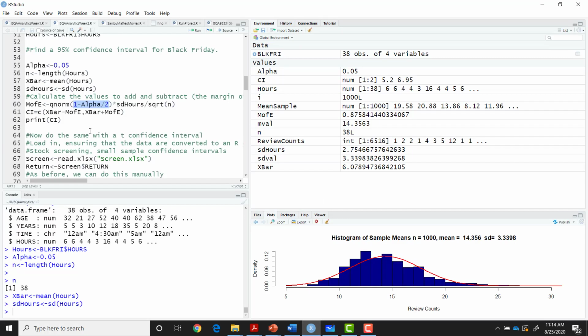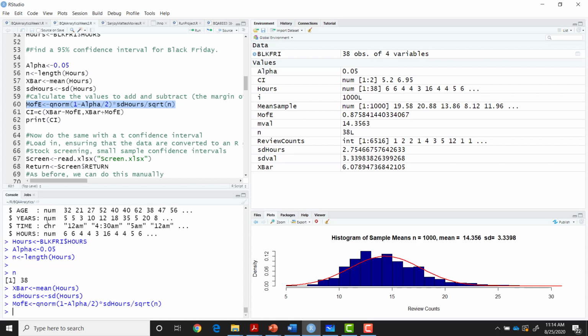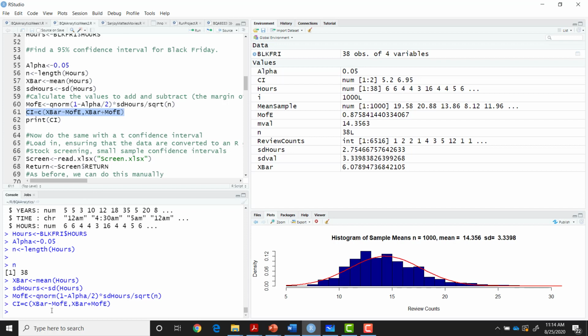So the q-norm is basically the z-score function. It basically means the quantile, and then we multiply it by the standard deviation divided by the square root of n, exactly the formula I just gave you. And the confidence interval is just the mean minus the margin of error and the mean plus the margin of error.